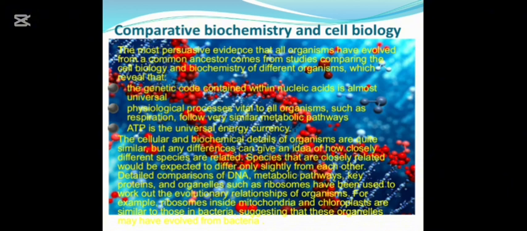Now, the most persuasive evidence is that all organisms have evolved from a common ancestor, and that is true. When you compare biochemistry and cell biology, it reveals that the genetic code contained within the nucleic acids is almost universal.